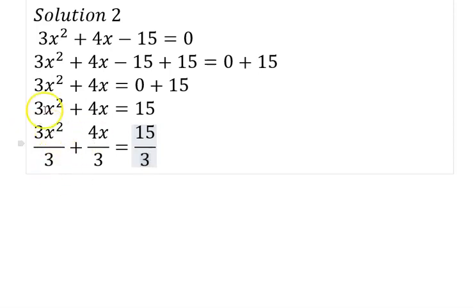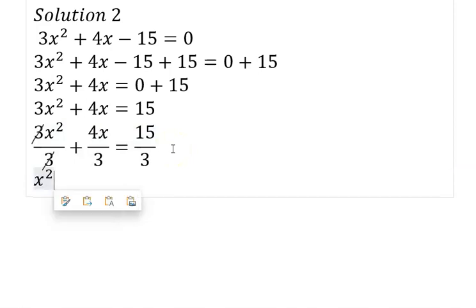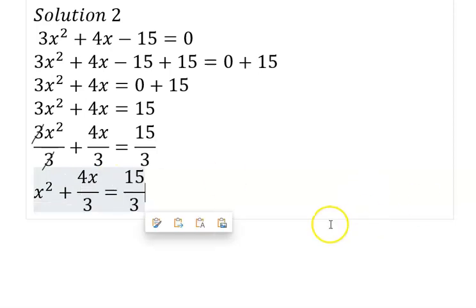The reason why we are doing that is just to make the coefficient of x squared that we have here to be 1. Because in our first question, the coefficient is already 1. So this 3 will cancel this 3, so that our x squared can stand alone. Awesome. So x squared now plus. Beautiful. So we've been able to make the coefficient of this x squared to be 1.